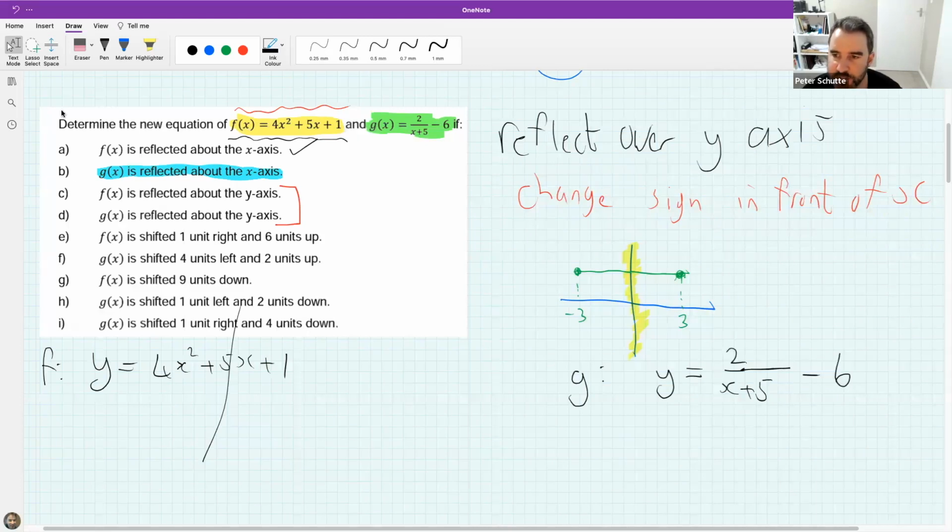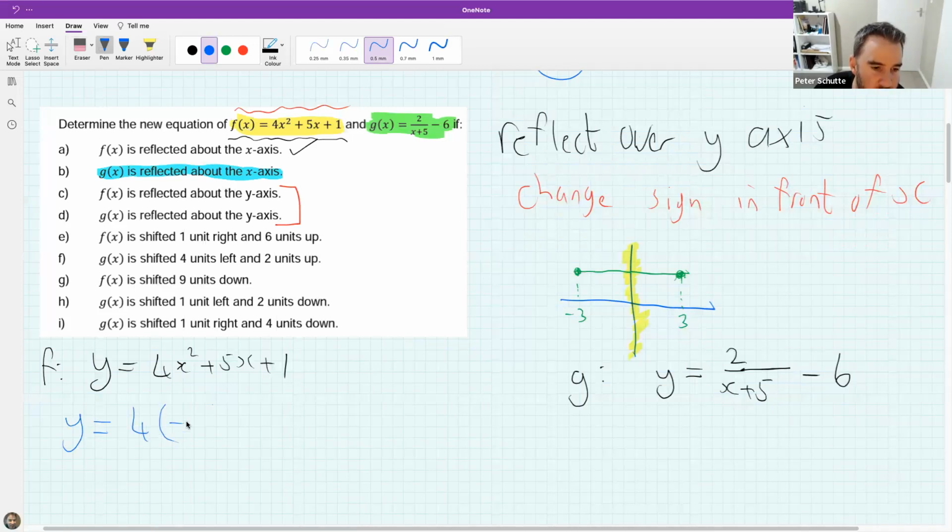So remember, if you are reflecting over the y-axis, you need to change the sign in front of the x, but the x is actually in a bit of a bracket here. So you're going to get 4 times minus x squared plus 5 times minus x plus 1. And the x over here is going to change.